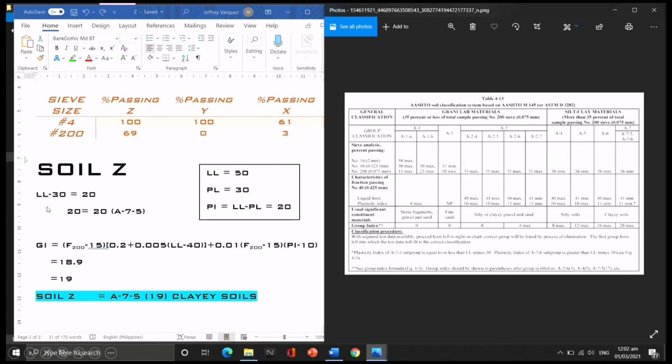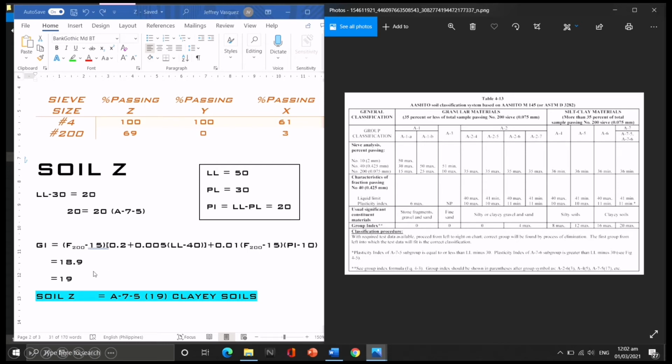Pagkuha nito, LL minus 30, which is 20. So, PI natin ay 20, which is equals to LL minus 30 or 20. So, ibig sabihin, equal or less than siya. So, A7-5 siya. Then, pagkuha naman ng group index, ito ang formula.